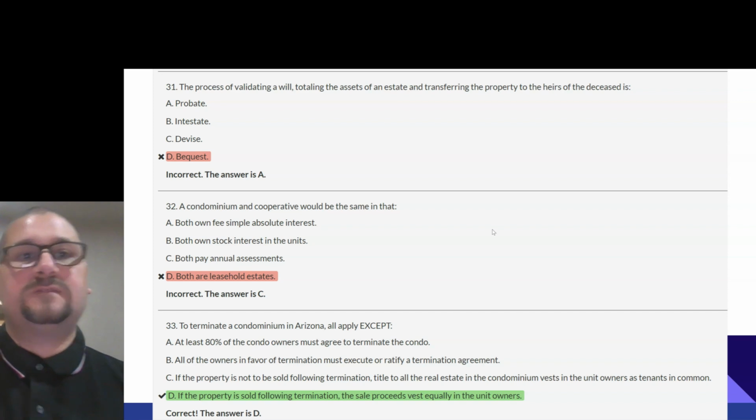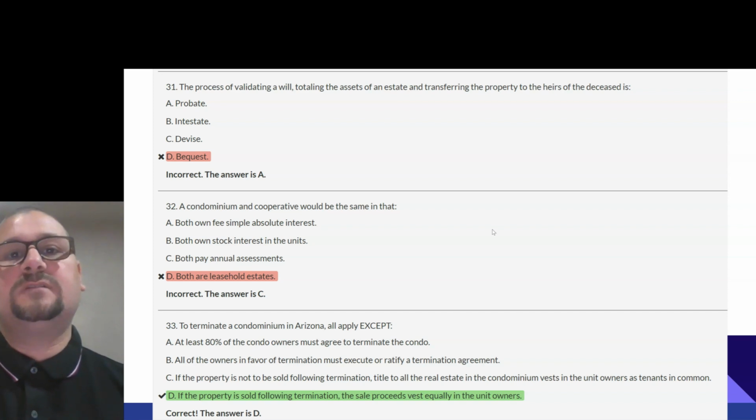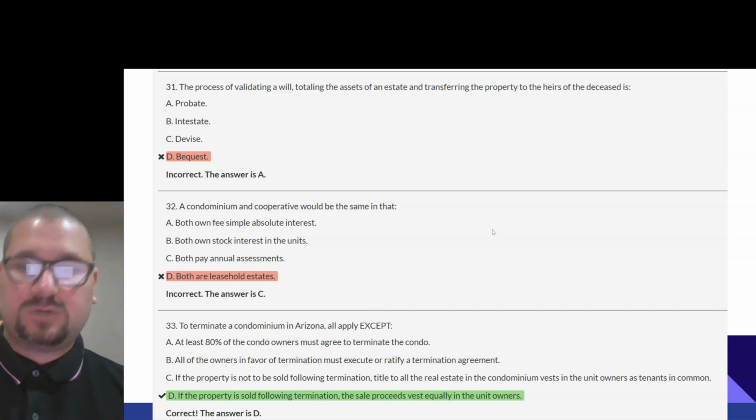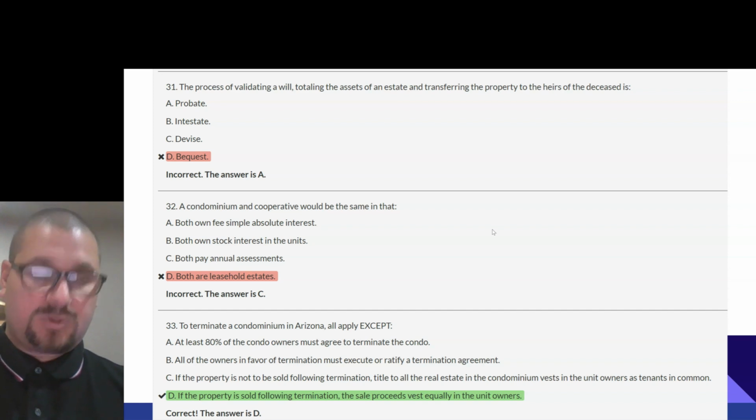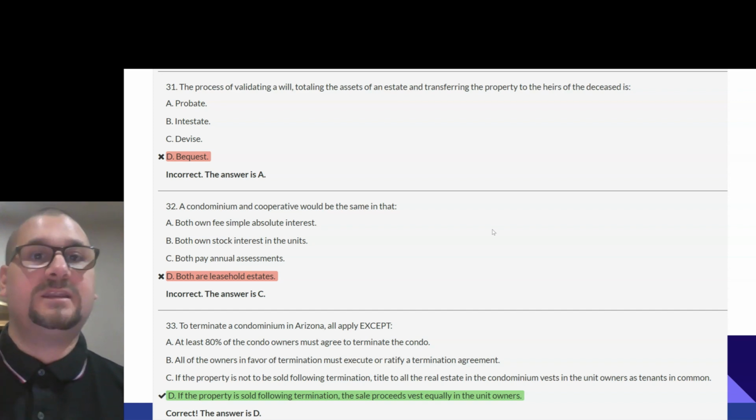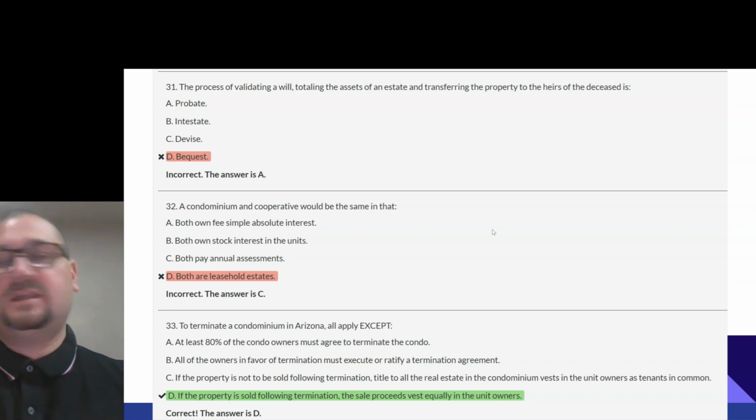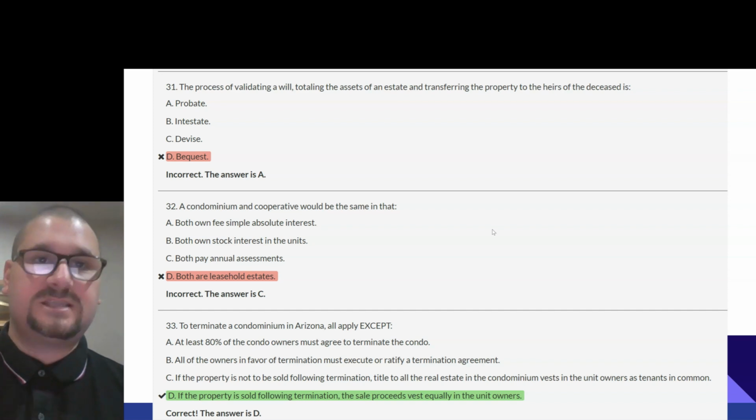The process of validating a will, totaling the assets of an estate, and transferring the property to the heirs of the deceased is what? Probate. So again, what is probate? Probate is the process of validating a will. Say you've got a will, testate.